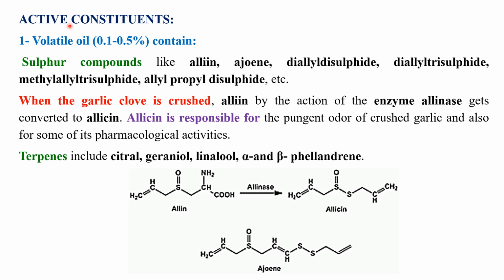This volatile oil contains several constituents. The most important classes of constituents present in the volatile oil are sulfur compounds and also terpenes.